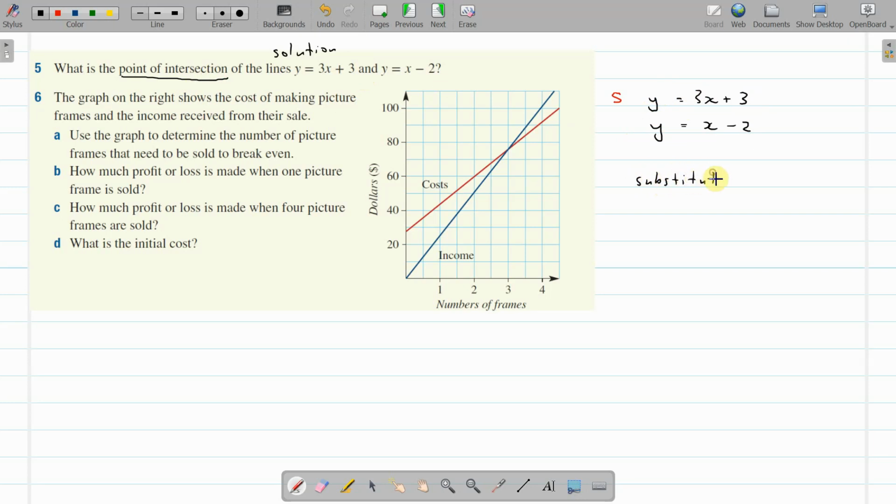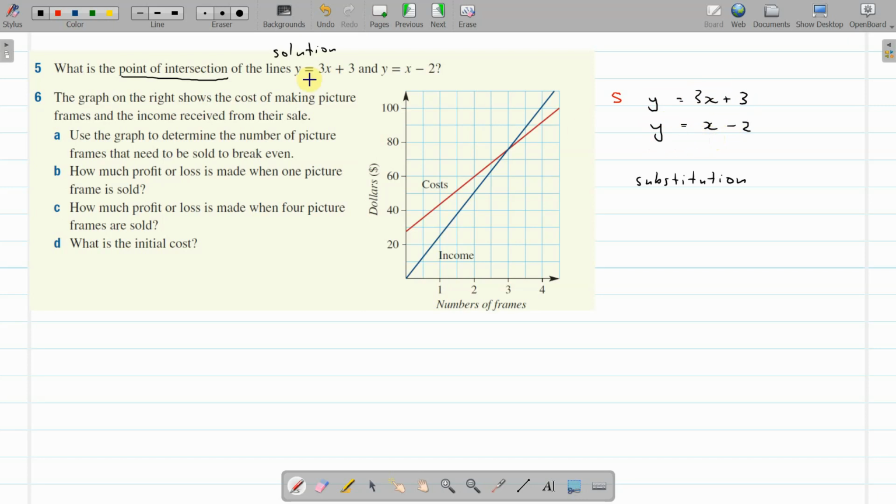Now you can use other methods, but this one is the best one for this case when you've got a variable equals on one side, isolated, equals something else on the right, and another one, variable y by itself equals something else.